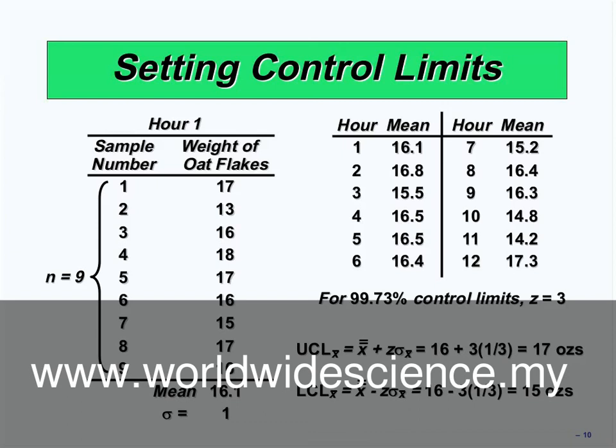This is less than 15, because the minimum we calculated must be 15. Hour 12 is 17.3. It's more than 17. We calculated UCL and it shouldn't be more than 17. But three numbers are not within our limits.